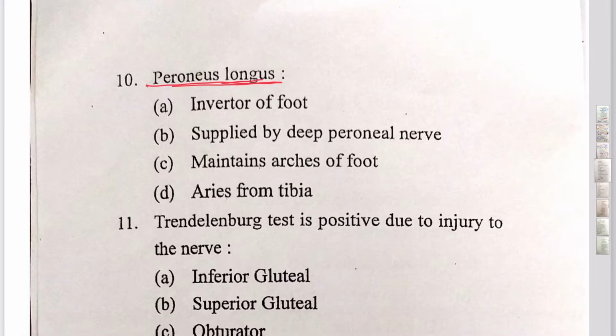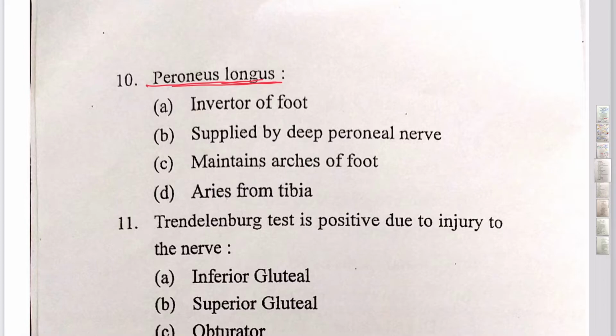grooving the tarsal bone, the cuboid. On the undersurface of the cuboid, it grooves the cuboid and moves towards the medial side on the plantar aspect, forming the muscle of the fourth layer of the sole, and gets inserted on the medial cuneiform and the base of the first metatarsal, at the same site where tibialis anterior is inserted, coming from the medial side.